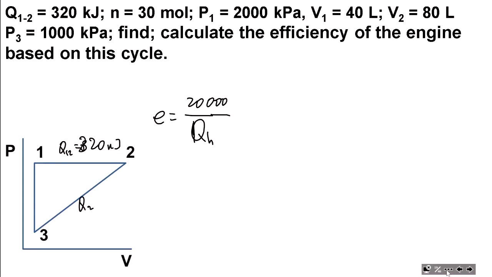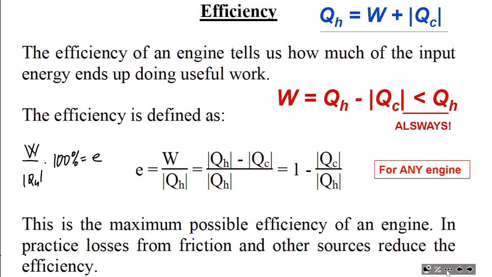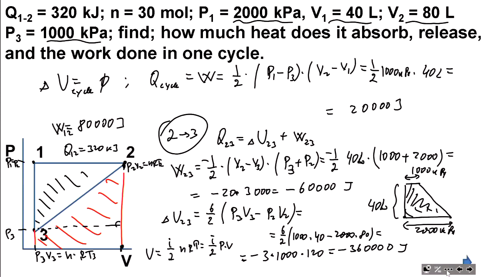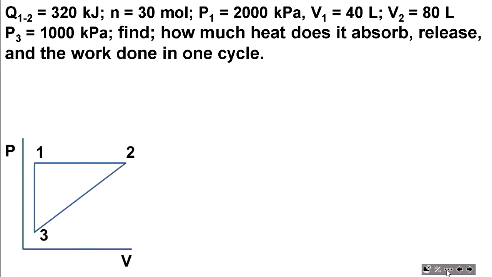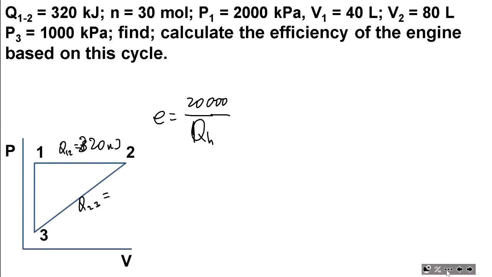And for process 2, 3, that was a negative number, which was equal to negative 60,000 and negative 36, so negative 42,000 joules.